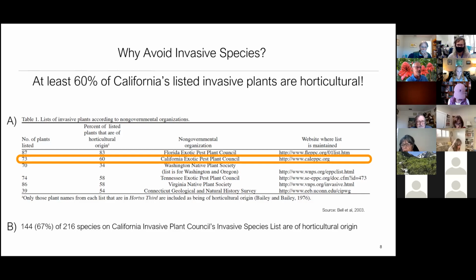Europeans, immigrants from everywhere in the world have brought their favorite plants in, and we like them when we see something elsewhere, and we like them in the nursery, and we just planted them. We didn't realize until later that they were problematic. So we need to be teaching other people about this and try to nip it in the bud, avoid it in the first place when we can.